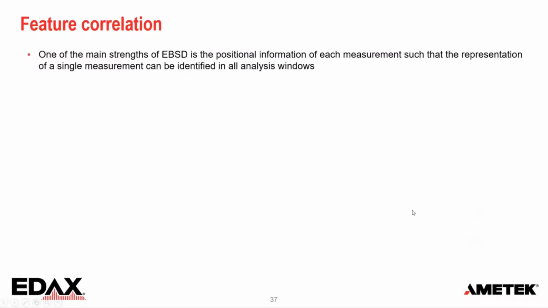Now, the next thing, feature correlation. When you have EBSD, one of the strong points of EBSD is that we know exactly where each measurement comes from.